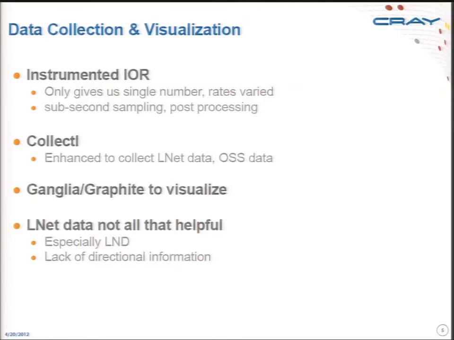Without jumping too much into the analysis, I touched a little bit on the instrumented IOR. We thought we needed to do this to dig into the nature of the problem. There isn't a lot of good statistical data that comes out of Lustre, out of the application space, that lets us see more than just a number coming out of some of these benchmarks.